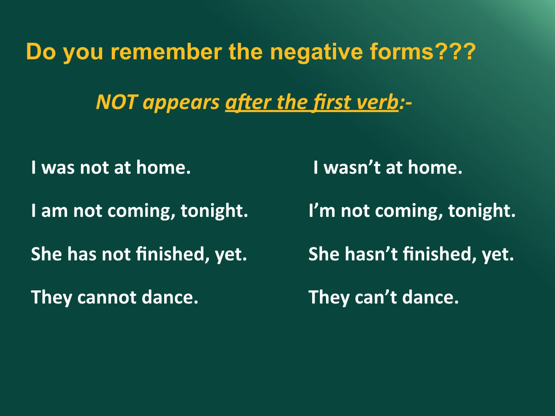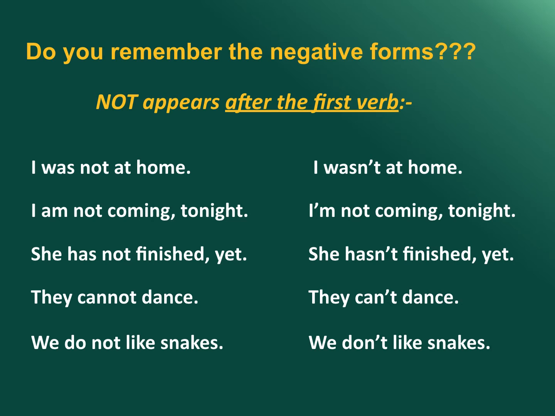The be helping verb, the have helping verb, and the can helping verb. Finally, we have the verb like, but no helping verb. And we needed to add the do helping verb to make the negative sentence. The last example is in the simple present tense, which is not so simple. Let's review this point.